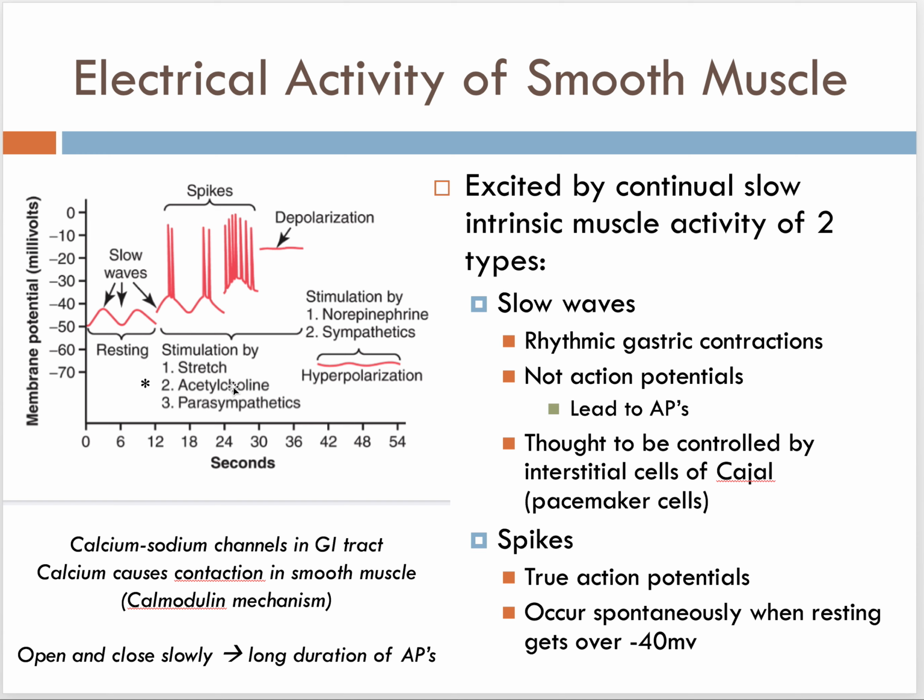All right, other things that generate spikes. Acetylcholine. Because the parasympathetic nervous system is the rest and digest pathway, acetylcholine is released from the nerve, specifically the vagus nerve. So when acetylcholine is released, we have more parasympathetic activity, which is always going to be turning on the GI tract.